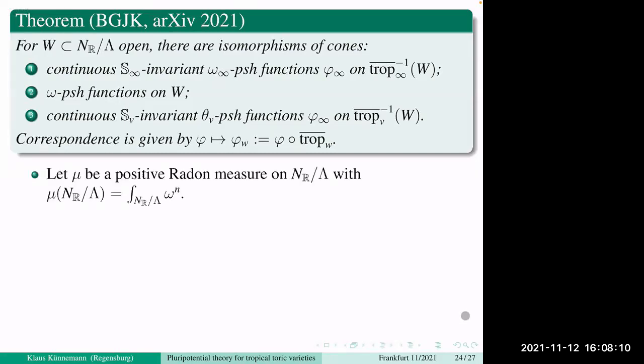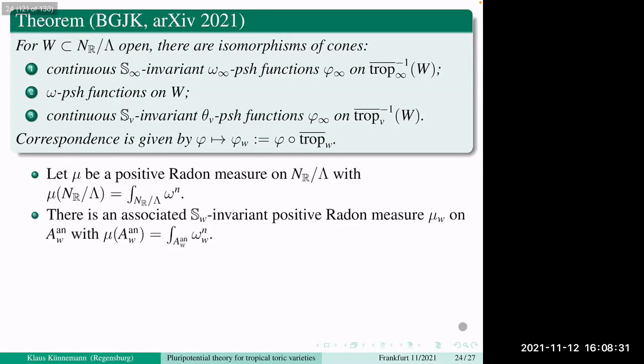And when we want to discuss Monge-Ampère equations, then we should fix measures here. So we put the usual normalization condition, as otherwise the Monge-Ampère equation cannot hold. So we start with a positive measure in the tropical situation.